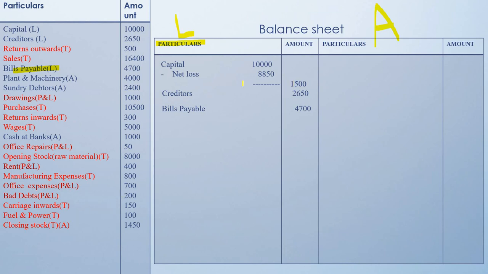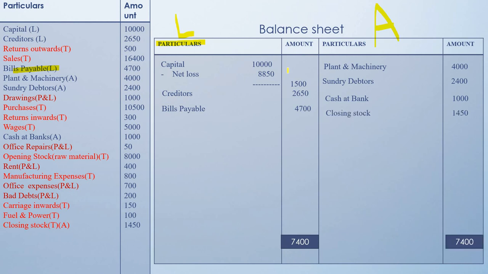Coming to the asset side items: plant and machinery is a value based item, so it is an asset, 4,000. Next, sundry debtors, also a value based item, 2400. Next we have cash at bank, an asset, and finally closing stock, 1450.